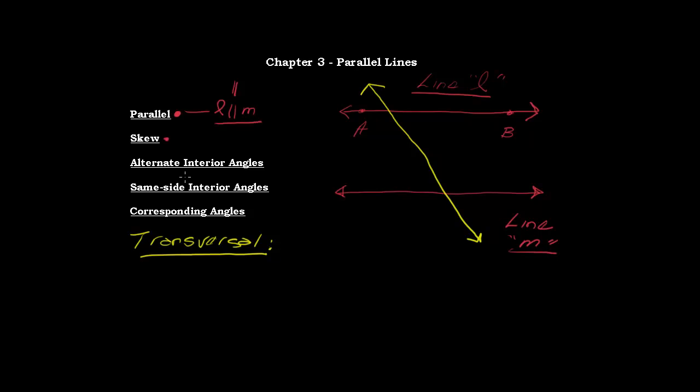So, if we have alternate interior angles, well, it is as it sounds. We have interior, and what that means is interior to the parallel lines. We have 1, 2, 3, 4 such interior angles. And in this case, we say alternate interior. Now, alternate means opposite. So in this case, 2 and 4 are opposite pairs of alternate interior angles, as are 1 and 4.